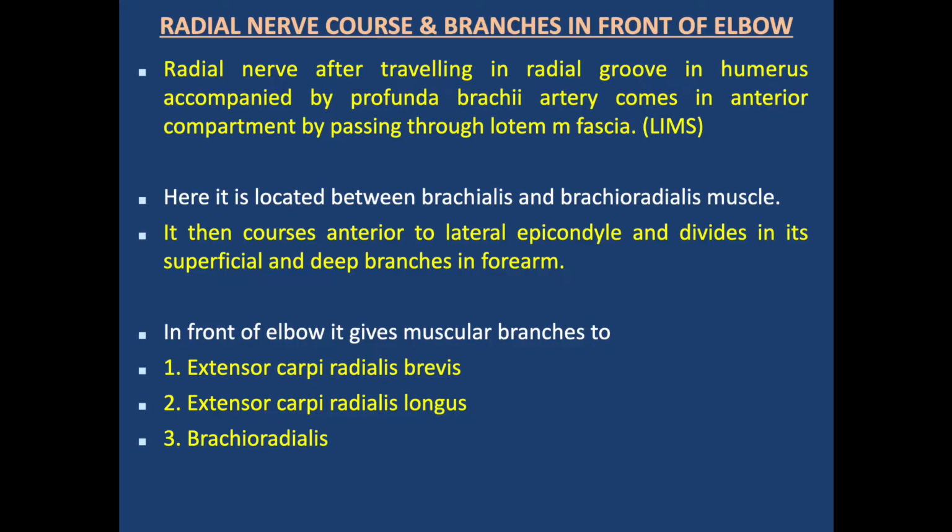It then courses anterior to the lateral epicondyle and divides into its superficial and deep branches in the forearm. In front of the elbow, it gives muscular branches to extensor carpi radialis brevis, extensor carpi radialis longus, and brachioradialis muscle.